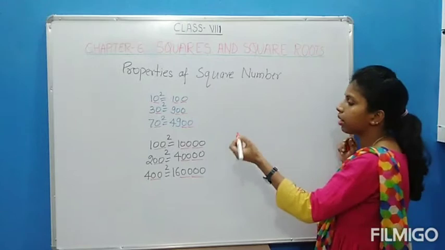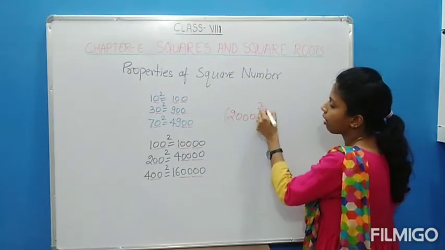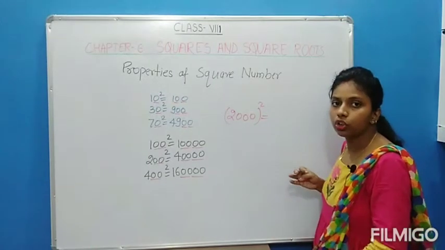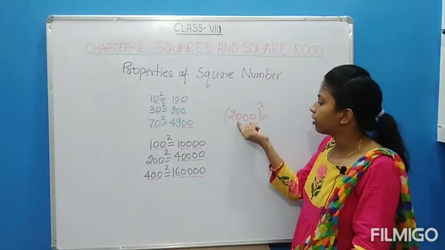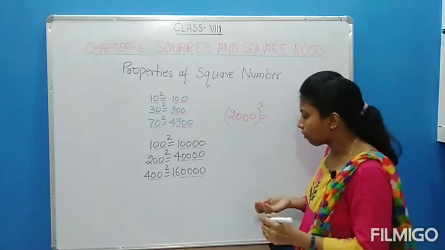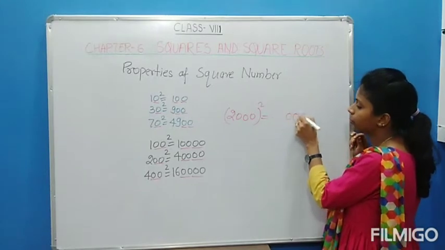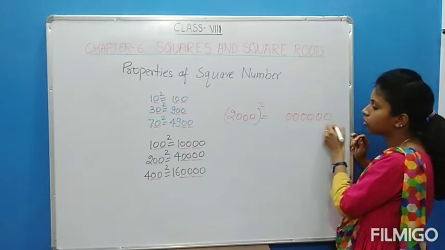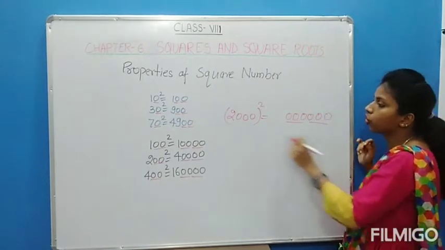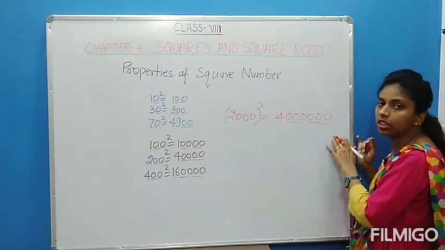Suppose I'm taking 2000 square. Here we have 3 zeros, so after squaring the number of zeros becomes double of 3, that is 6 zeros, and 2 square means 4. So this is the solution.